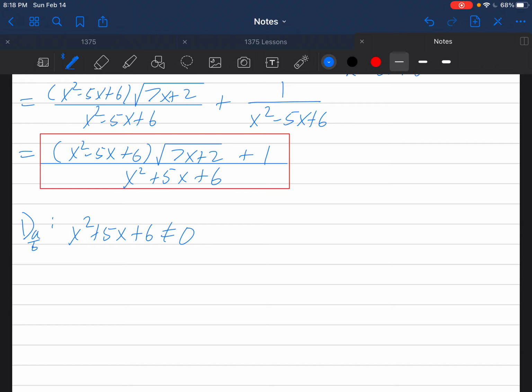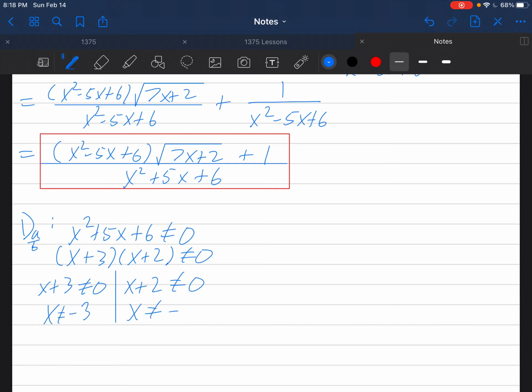So let's figure out where we're going to see some restrictions there. x plus 3, x plus 2 cannot equal 0. That means x plus 3 cannot equal 0. And on the flip side, x plus 2 cannot equal 0 either. So x cannot equal negative 3. x cannot equal negative 2. And this is the domain based on this being a rational function.